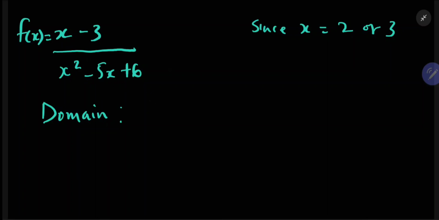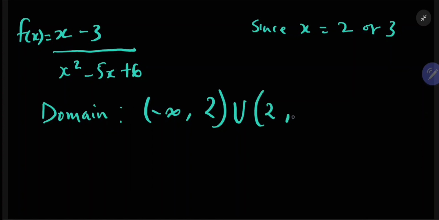So we don't want 2 or 3 in our domain. That's very important. So for our domain, we are going to have from minus infinity to 2, union 2 to 3, union 3 to infinity. So that's our domain.